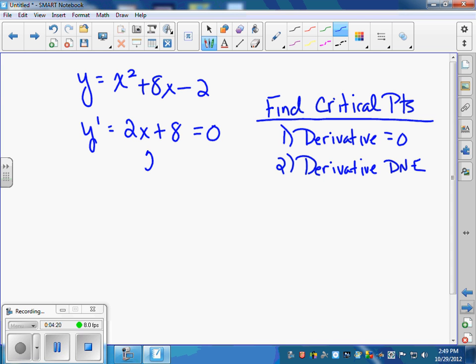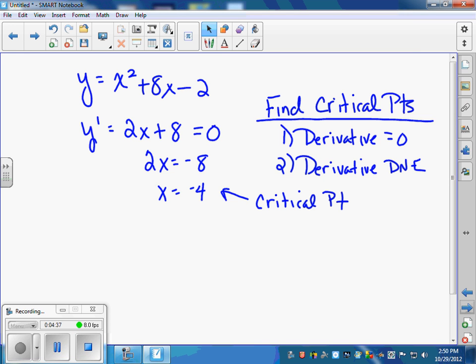When I do that, I'm going to get x as -4. We call -4 our critical point. Okay. Now a critical point is a possible point where this could have a maximum or a minimum. It's where our slope could possibly change.